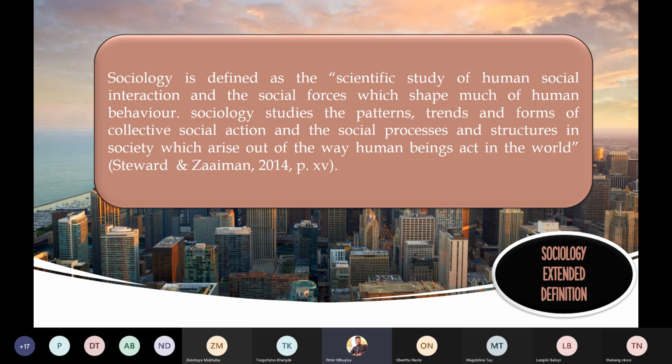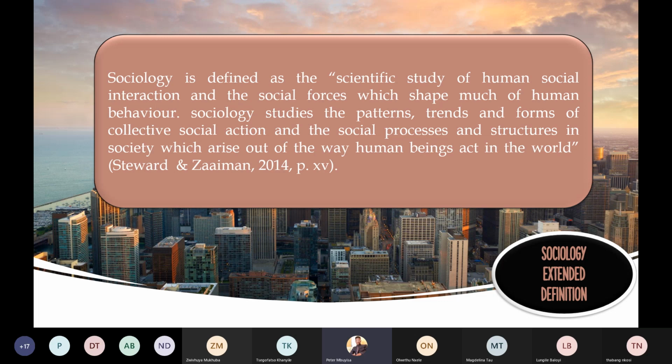Sociology studies the patterns, trends, and forms of collective and social action, and the social processes and structures in society which arise out of the way human beings act in the world. Now, that was quite a lot to capture. Let's break it down, and that's what we mean by extended definition.